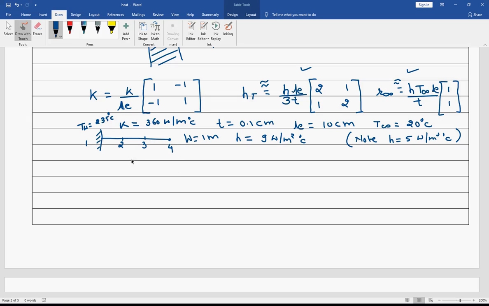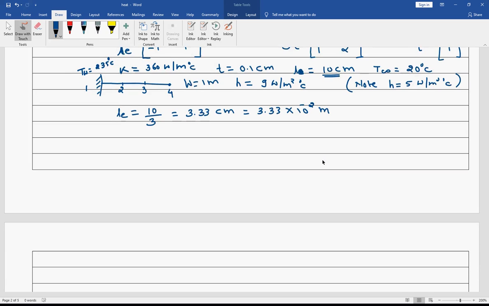Now the length: total length is 10 centimeter, so the length of each element will be 3.33 centimeter. Now you have to convert into meters, so multiply 3.33 into 10 to the power minus 2 meter. This is the length.